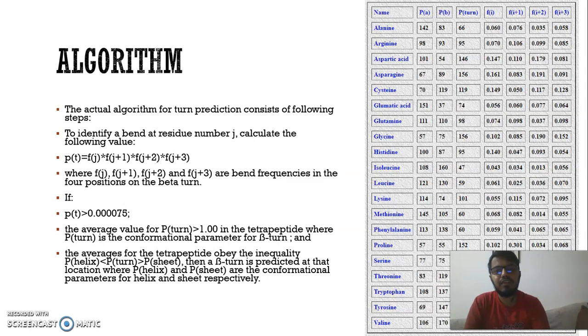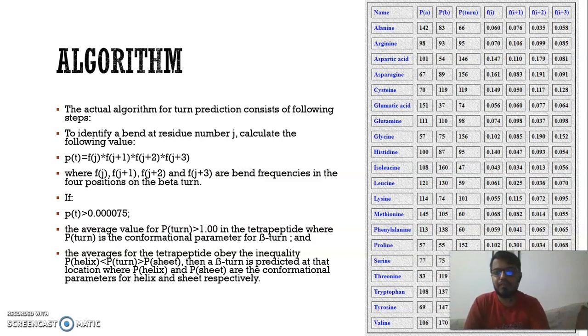Now the algorithm works like this, given here. The actual algorithm for turn prediction consists of the following steps. First is to identify the band at residue number, let's say j, to calculate the following values. The propensity value is determined by p at j multiplied by p at j plus 1, j plus 2 and j plus 3.